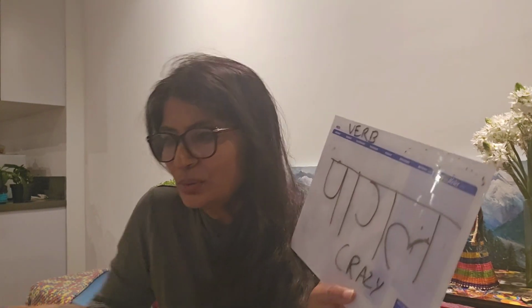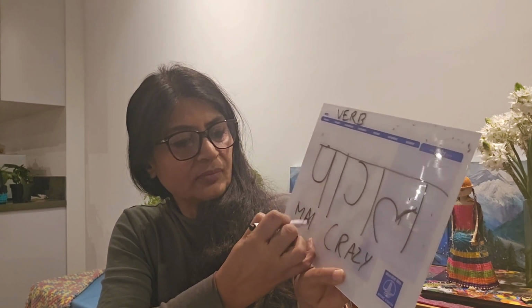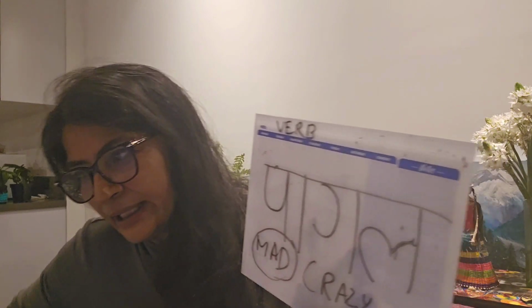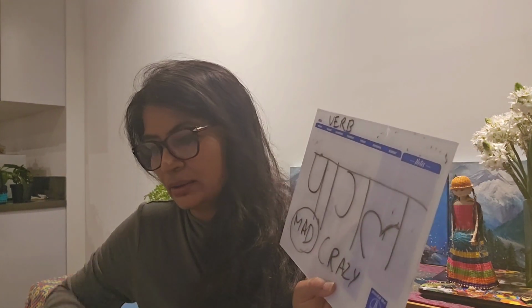Like, are you mad? Of course, I don't think we will be using it very often, but in common parlance we do say pagal. Or sometimes we say, oh, that guy's crazy. So we often say pagal hai.